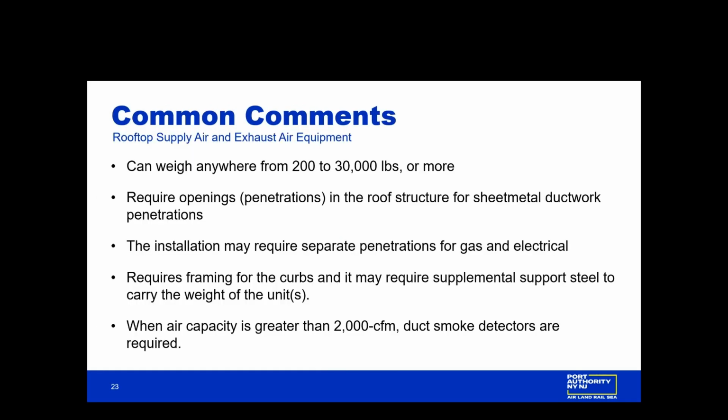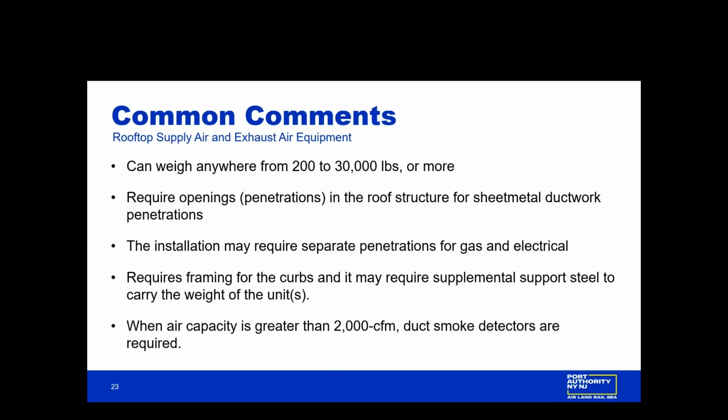Some other common elements that we look for, especially for rooftop supply air and exhaust air equipment, is providing the weight. These weigh a lot. They can be, as you can see, 200 pounds or 30,000 pounds or even more. These things need to be noted. Openings in the roof for sheet metal ductwork.